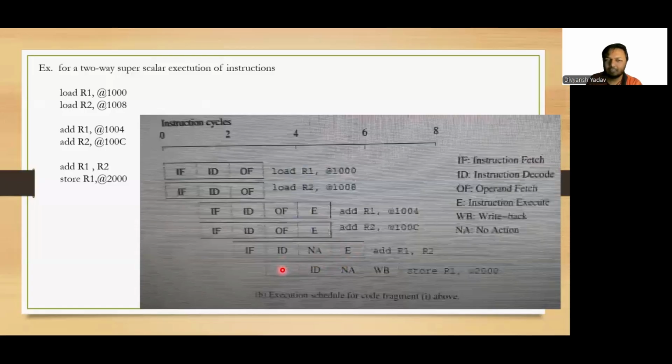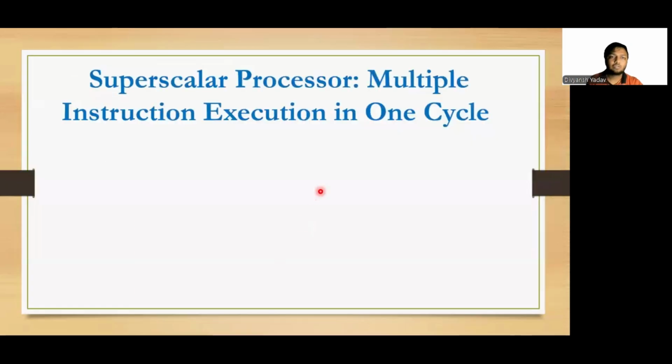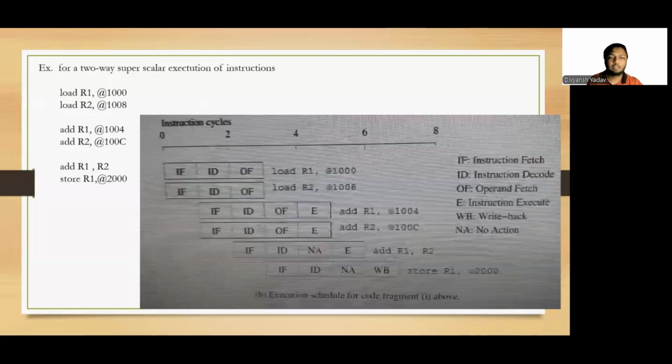And then we'll start the instruction fetch of the store command, and then instruction decode. And then we will wait till the execution of add R1, R2 is completed, and then we will write it to buffer. So this is how the instructions are executed in parallel in a superscalar processor. Thanks.